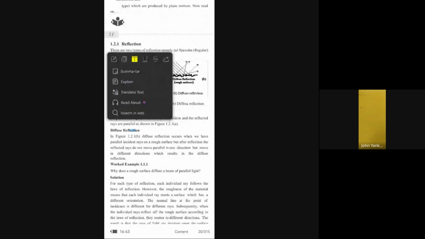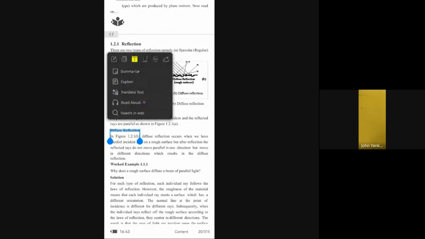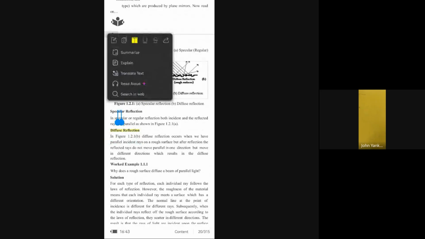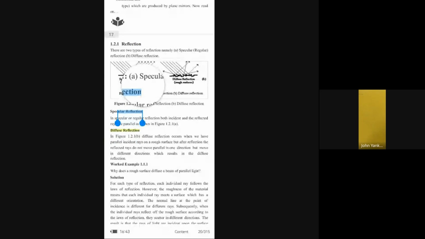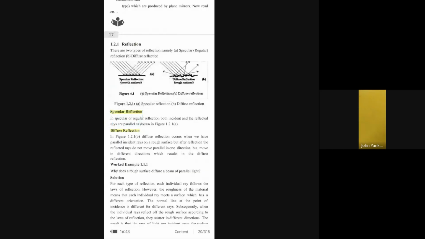So we have one reflection that can cause a clear image for you to see yourself in a mirror, regular or specular reflection. And then one that occurs on a white sheet of paper or a white marker board or a white cloth that will not produce any image for you to see is called diffuse or irregular reflection.